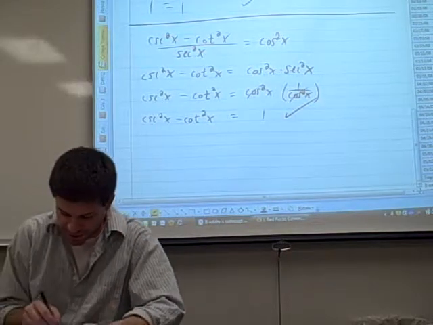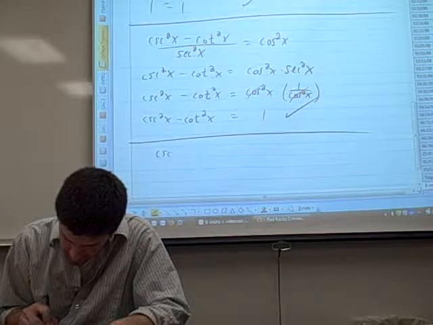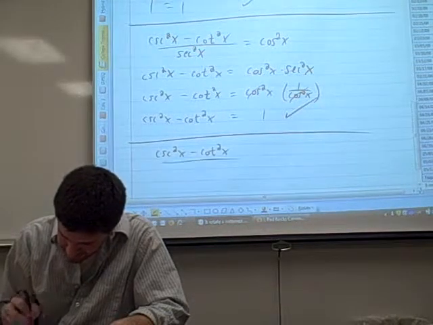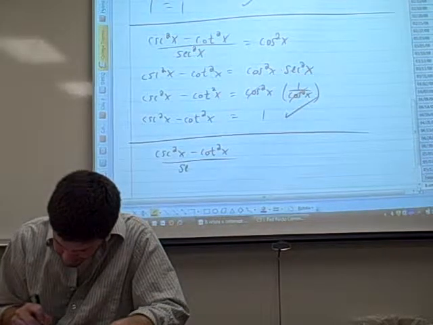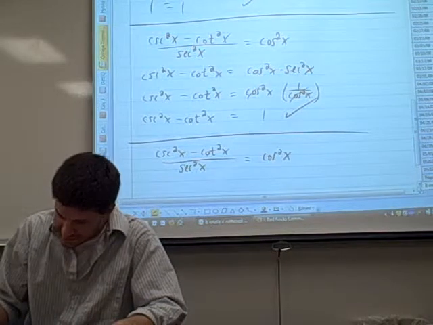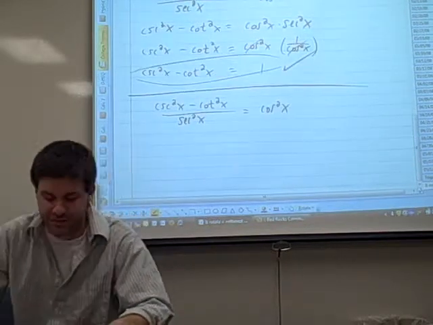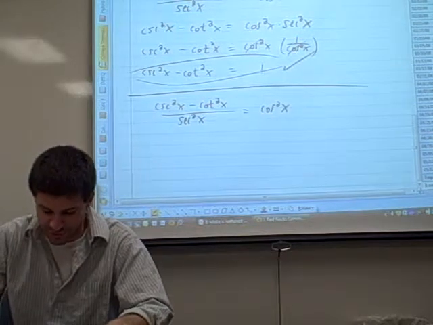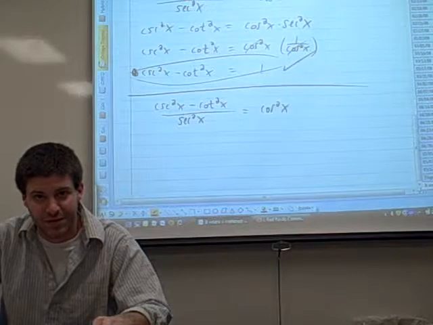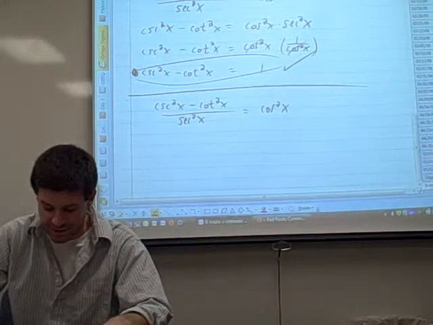Another thing that you could do with this problem, another way to do it, is to notice right off the bat what we noticed in the last step of our first version of this proof. We noticed that cosecant squared minus cotangent squared equals 1. We got that from one of our Pythagorean identities.